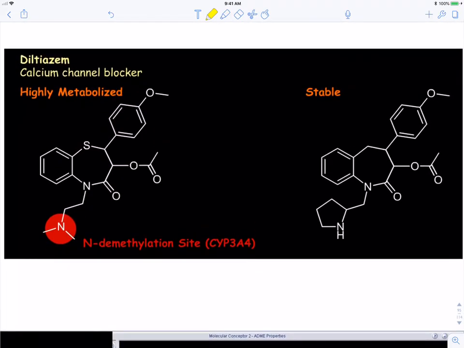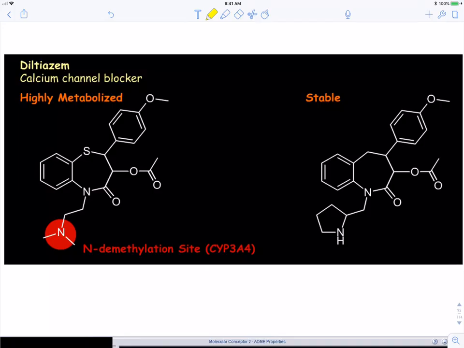And the final example I want to give is this drug, which is a calcium channel blocker, and is highly metabolized by N-demethylation.